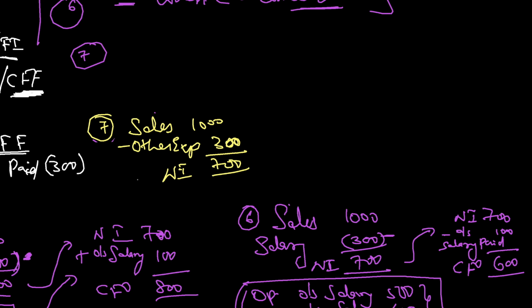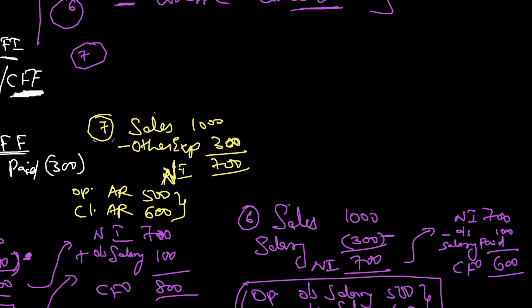However, when I look at the balance sheet, what I get to know is, let's say, opening account receivable is 500 and closing account receivable is 600. So what do I learn from this?